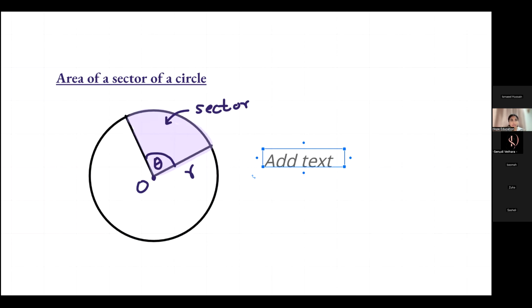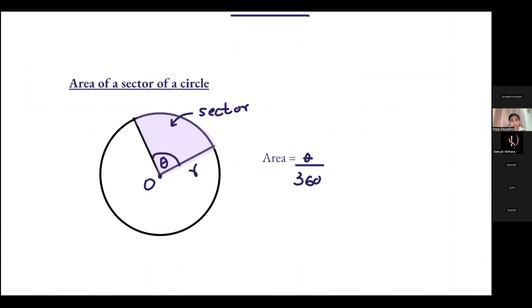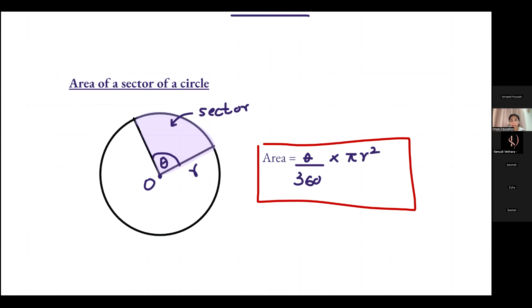Area equals theta over 360 multiplied by pi r squared. This is the formula for finding the area of a sector. You have to divide theta by 360 and multiply by pi r squared.